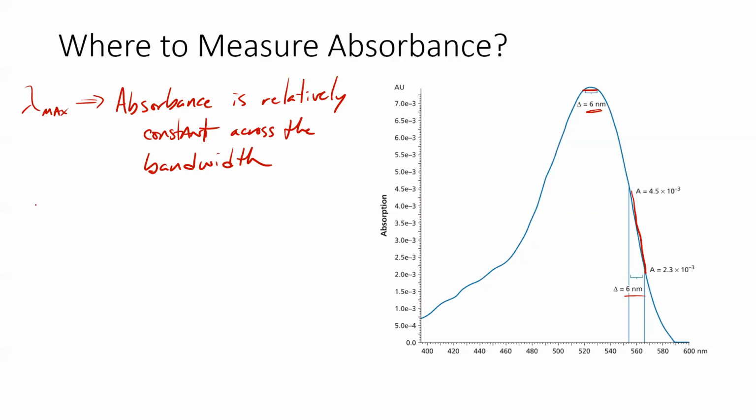What changes with absorbance? Remember, A equals epsilon bc. If we choose a different wavelength, which one of these changes? Epsilon. Epsilon, absolutely. And so epsilon is wavelength dependent.